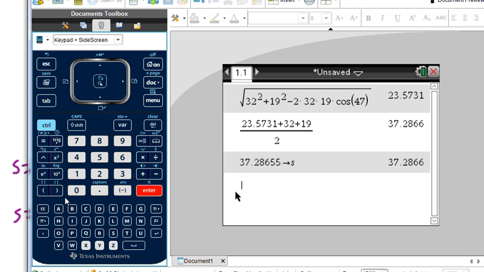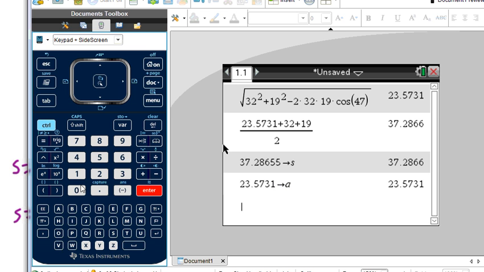And we're going to store the values of the sides too. So we're going to put 23.5731 storage, control vars A, enter.